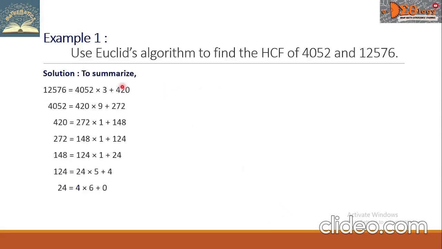To summarize, this is what we did. We divide 12,576 by 4,052. We get this equation. 12,576 equals 4,052 times 3 plus 420. Now we divide 4,052 by 420.